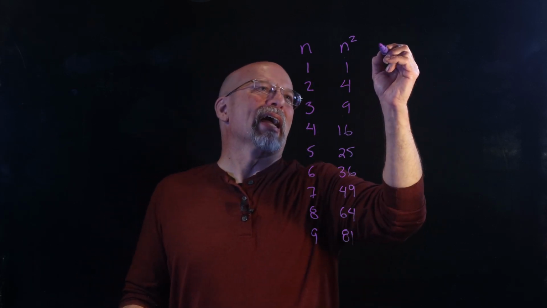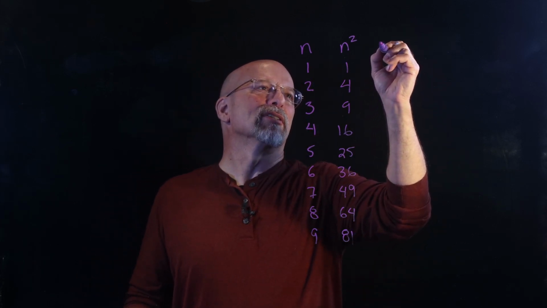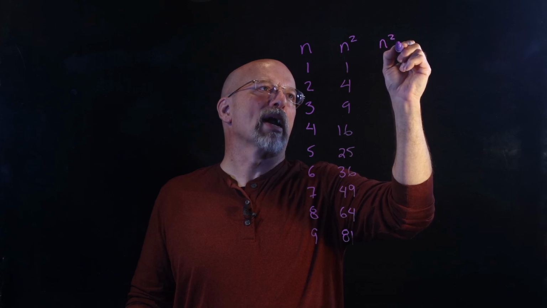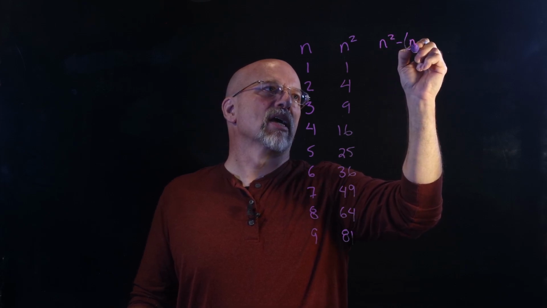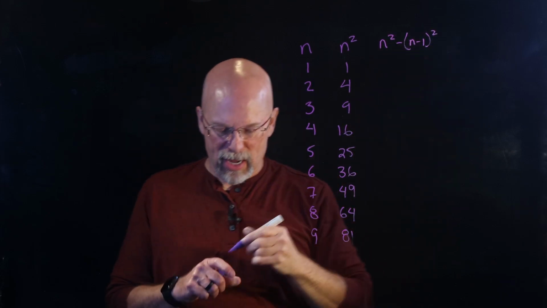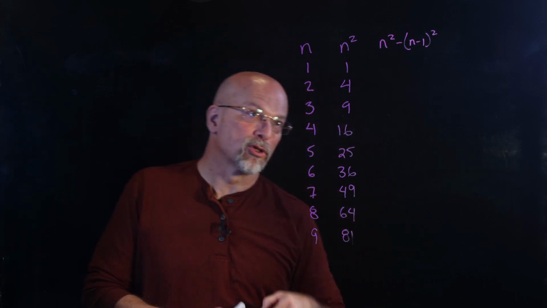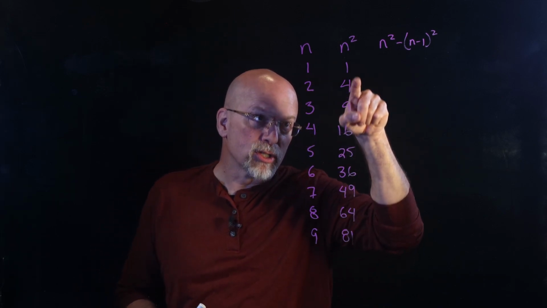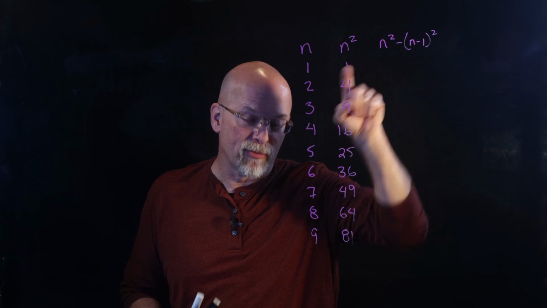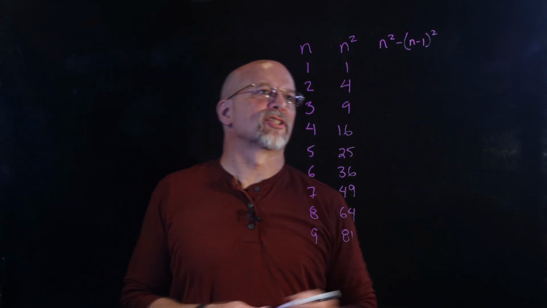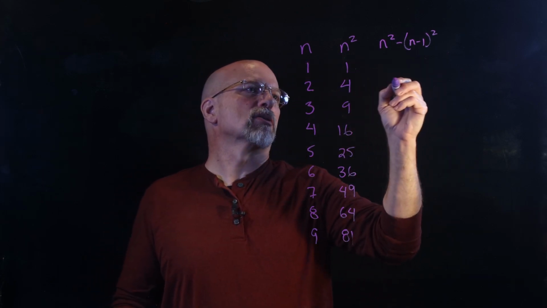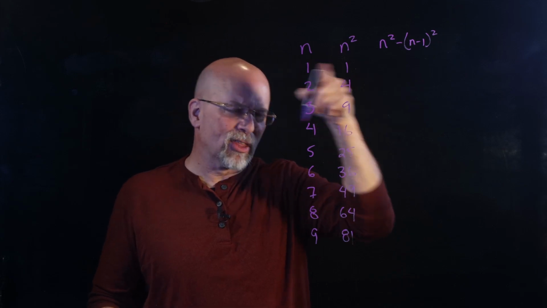Let's look at something. How about the difference between n squared minus n minus 1 squared? In other words, I'm going to take one of the squares and subtract from it the square that came before it. And what that gives us is, let's see, 4 minus, and we don't have anything below that.